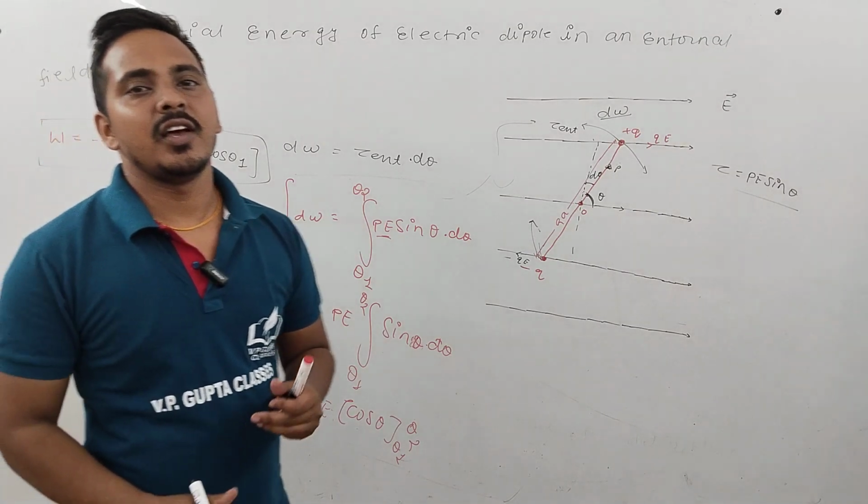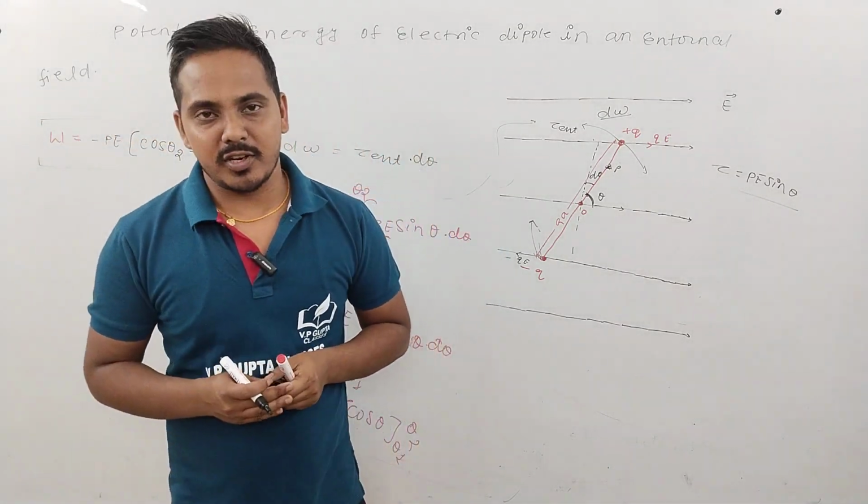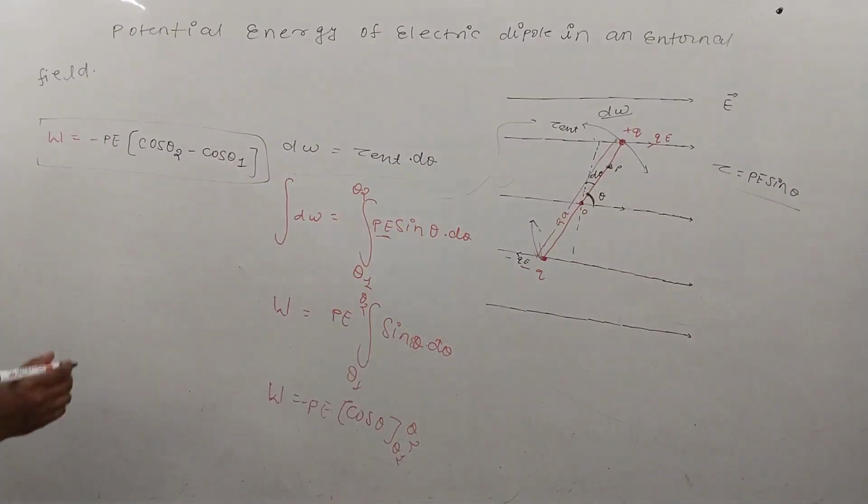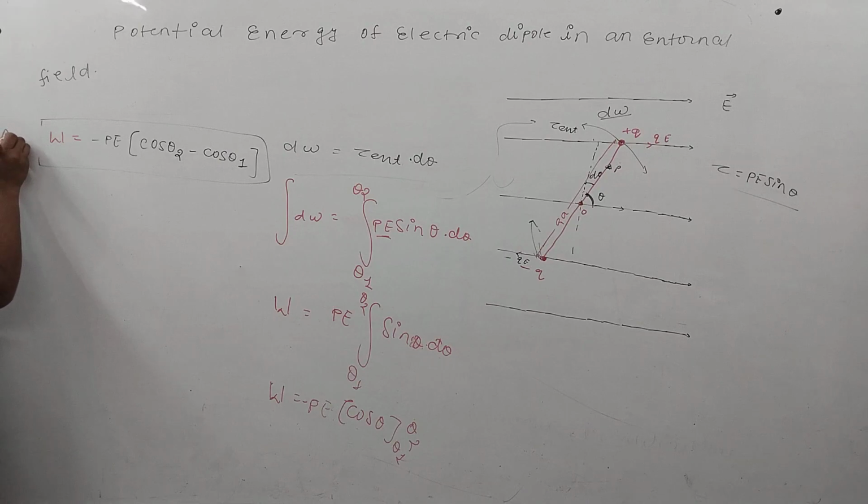Sorry, it is the change in potential energy, not the potential energy itself. That means delta U is equal to W, which is equal to minus pE times cos theta 2 minus cos theta 1.